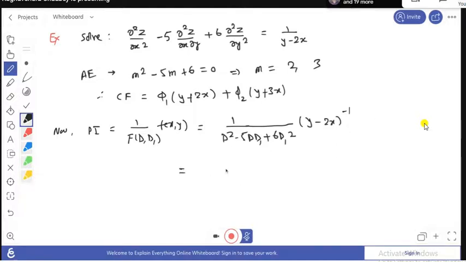So this equals d minus 2 d1 and d minus 3 d1. Okay, so if we factorize this, this becomes d minus 2, from d square minus 5d d1 plus 6 d1 square. So this is the formula, and y minus 2x to the power minus 1.